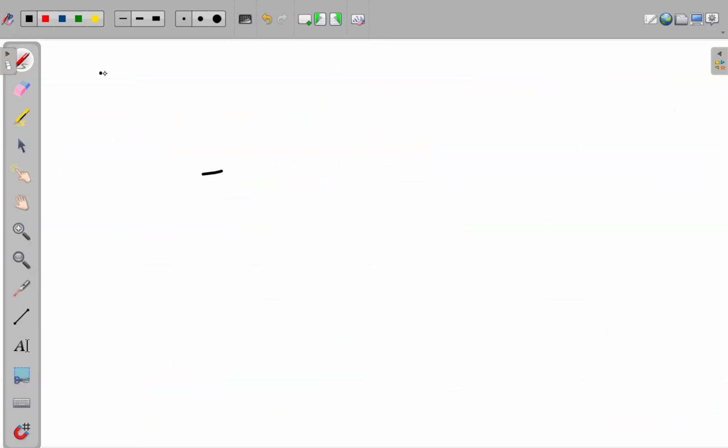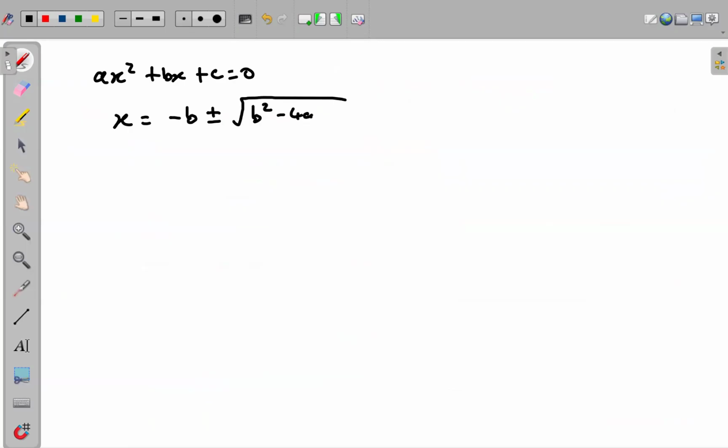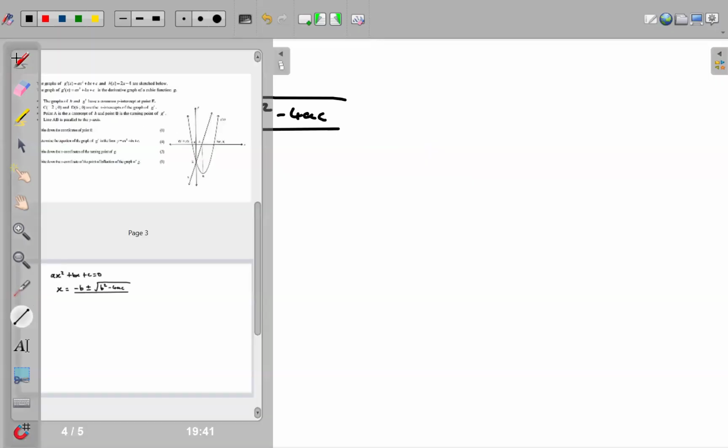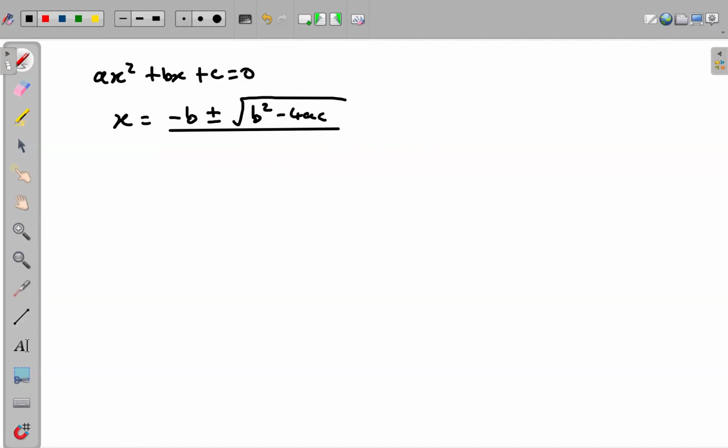In grade 11, you worked with the equation ax squared plus bx plus c equals 0, and then you completed the square and discovered the quadratic formula that, oh, instead of factorizing, there is a systematic way of actually calculating the roots. That's what you discovered. And this today is freely given even in your information sheet.